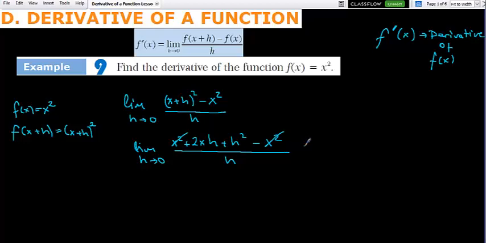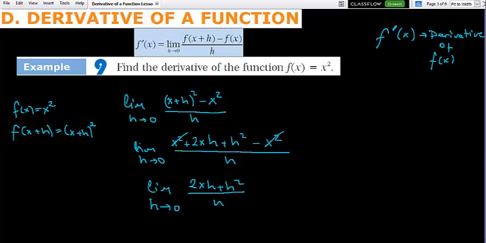When you simplify, the expression becomes limit h tends to 0 of 2xh plus h squared over h.